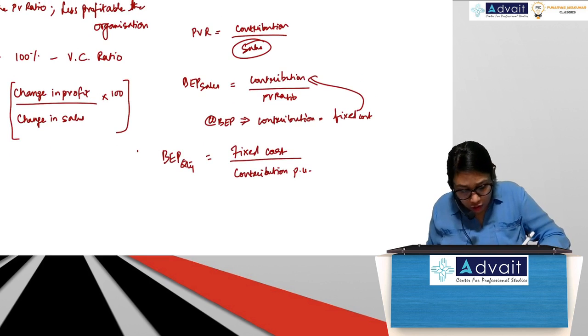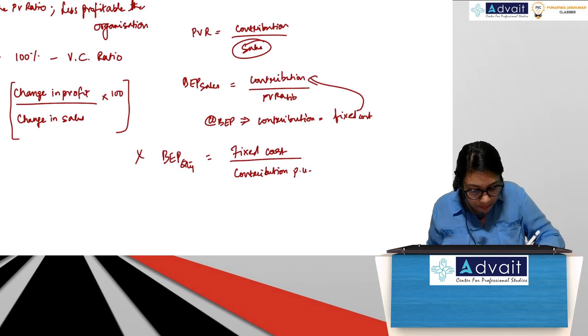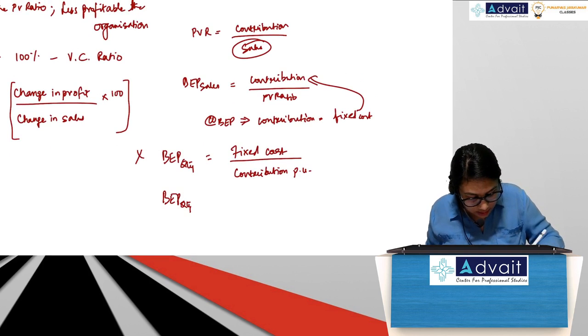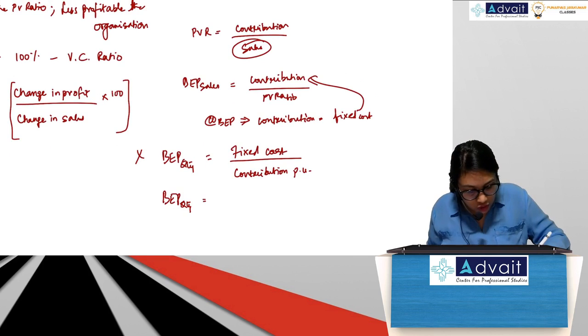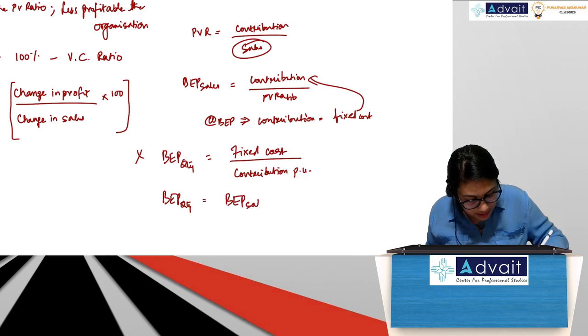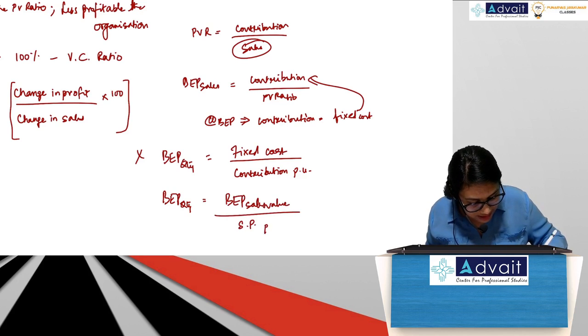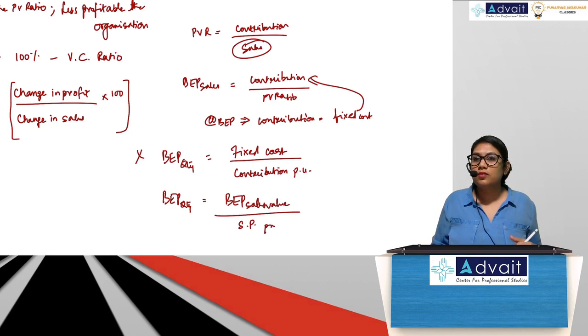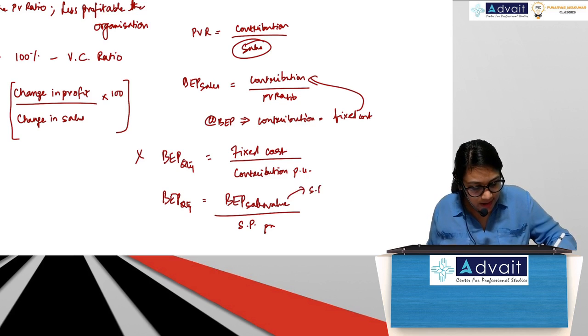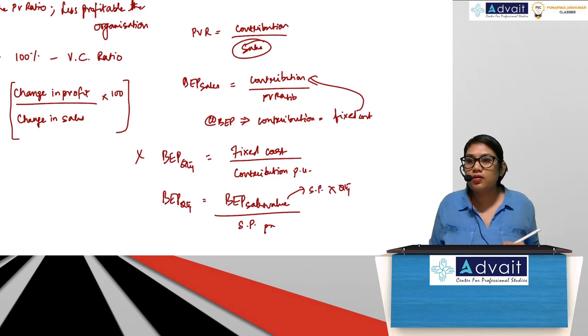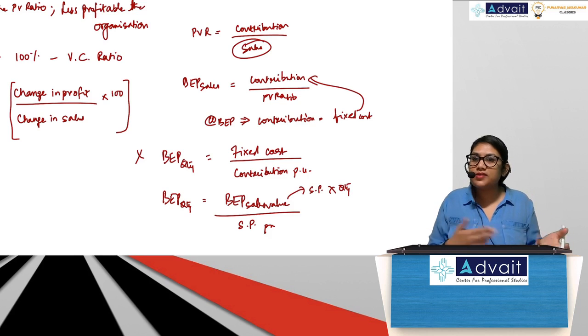If you don't want to use this formula, for BEP quantity you can also use BEP sales value by selling price per unit. Guys, correct? No? Sales value by selling price per unit. What is sales value, guys? Selling price into quantity. If I divide it by selling price, I'll get quantity.